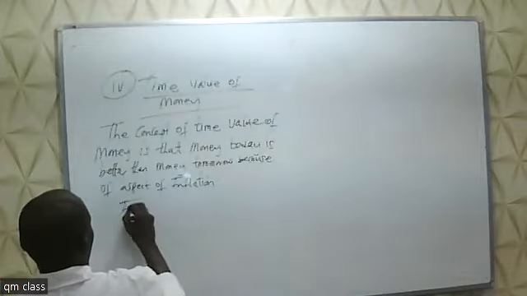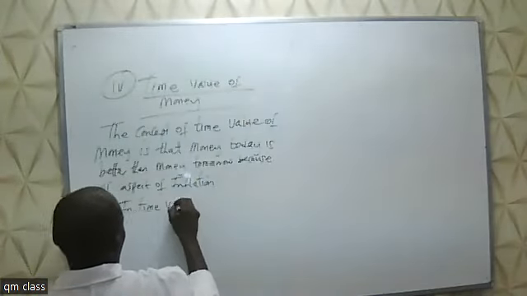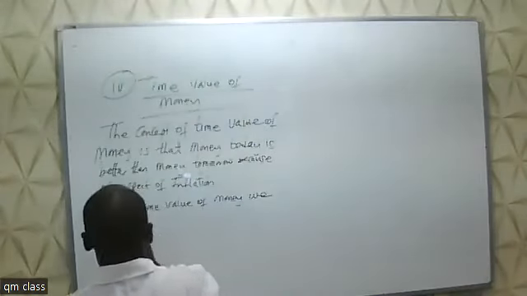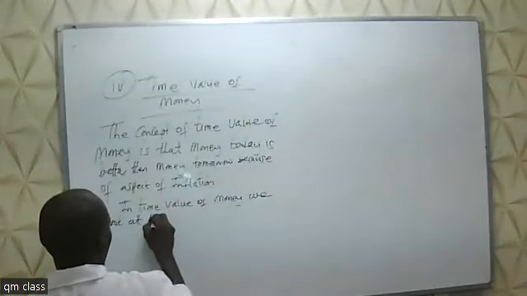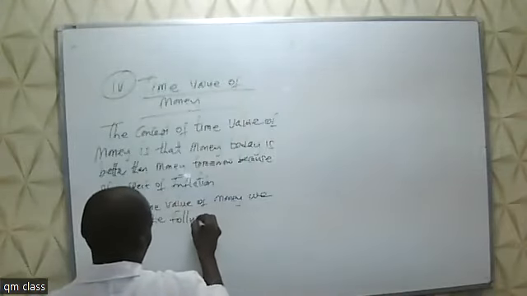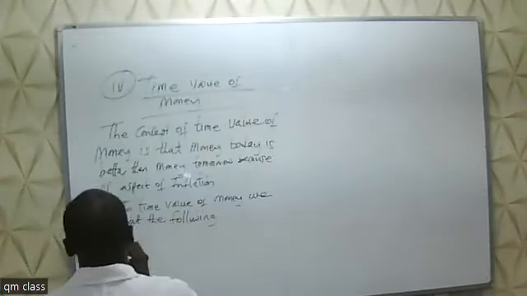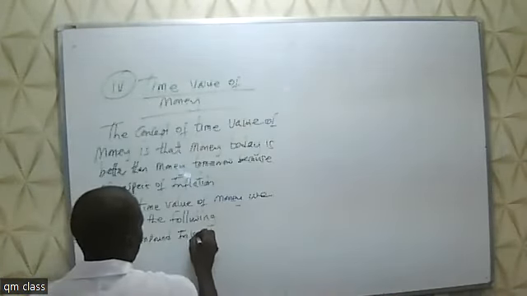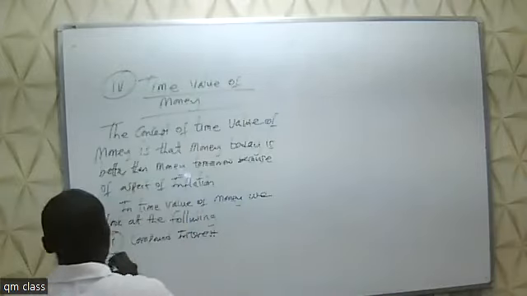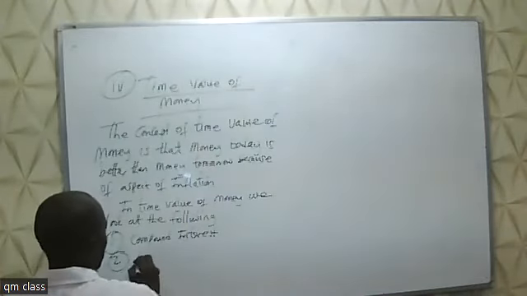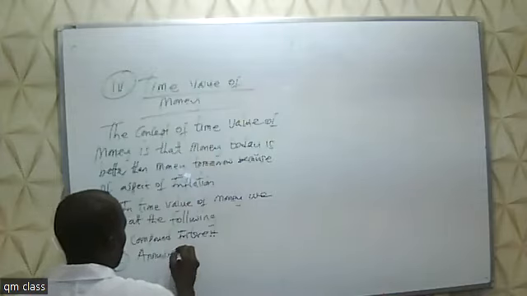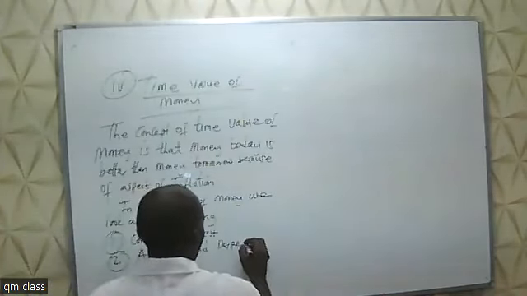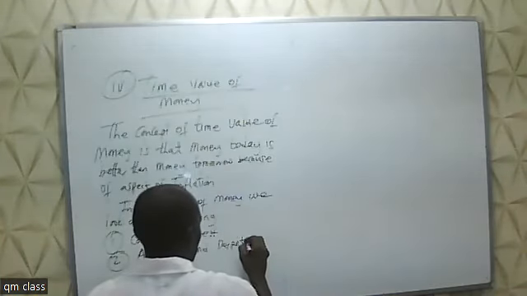So in time value of money, we look at the following. Okay, first one, we consider compound interest, then we get down into annuities and perpetuities.